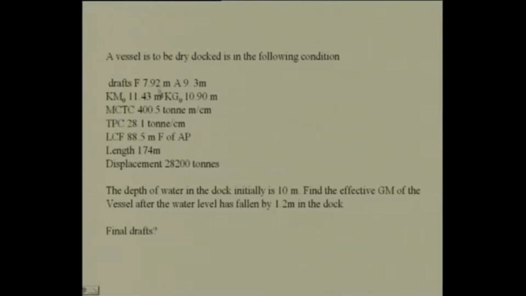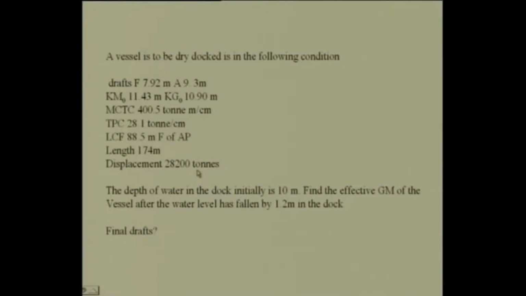Now you are told that there is a vessel which is going to be dry docked, and it has the following conditions. Its draft forward is 7.92, draft aft is 9.3 meters, KM0 is 11.43, KG0 is 10.90, MCTC is given, TPC is given, LCF is so much forward of AP, length is given, displacement is given.